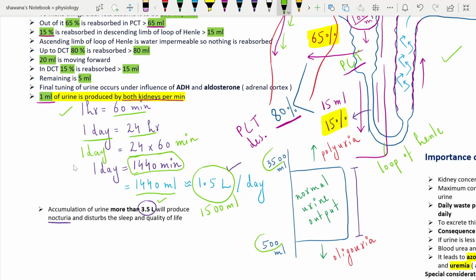Exceeding this amount will produce nocturia and disturbance in the sleep. Nocturia means that the person has to wake up during the night and he has to empty his urinary bladder approximately 5 to 6 times a night. So it's very difficult for a person to maintain the healthy lifestyle. Quality of life is disturbed.